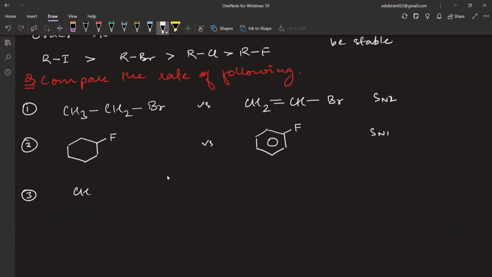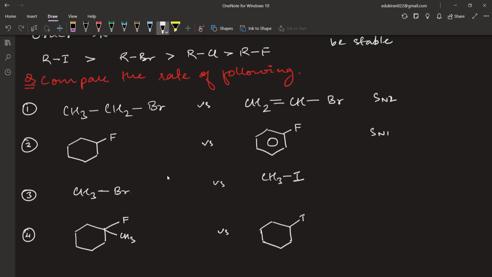Furthermore, compare CH3Br versus CH3I. Here you will compare SN2 and you will compare SN1.